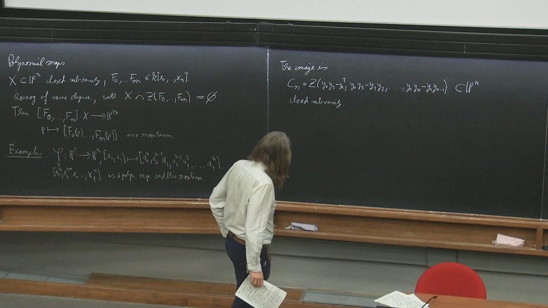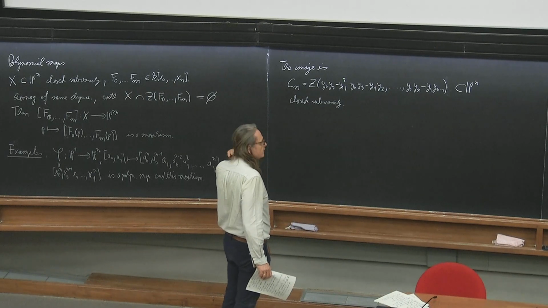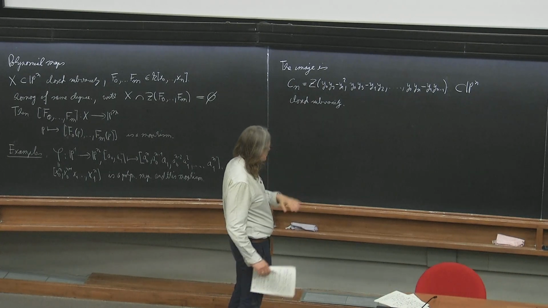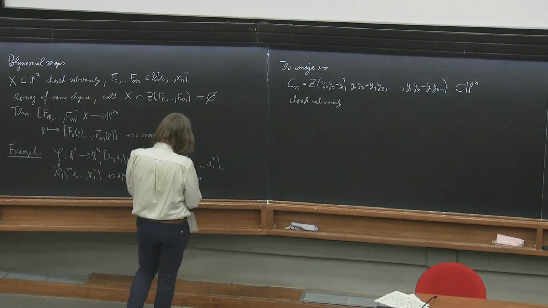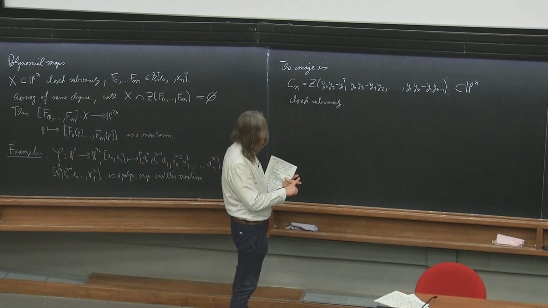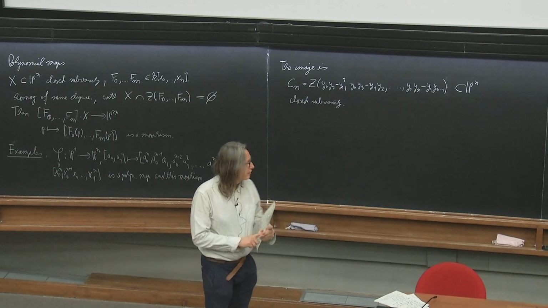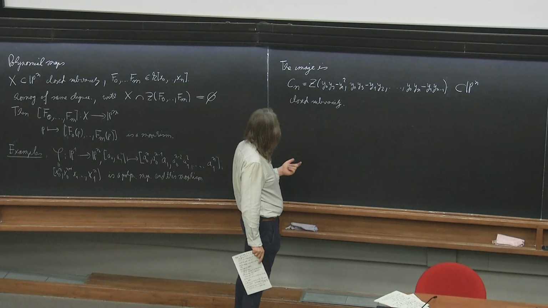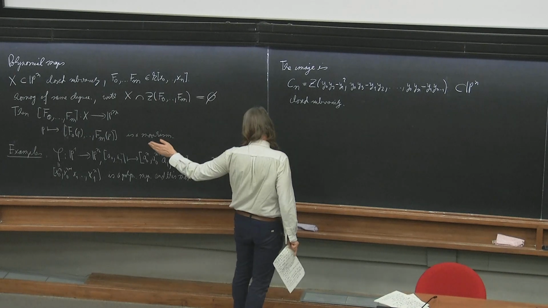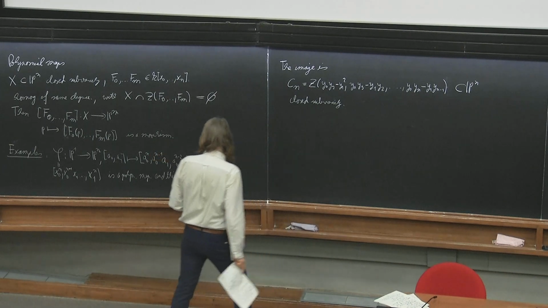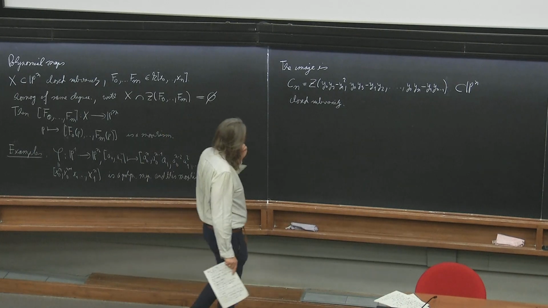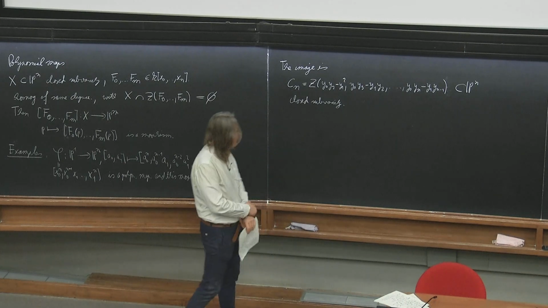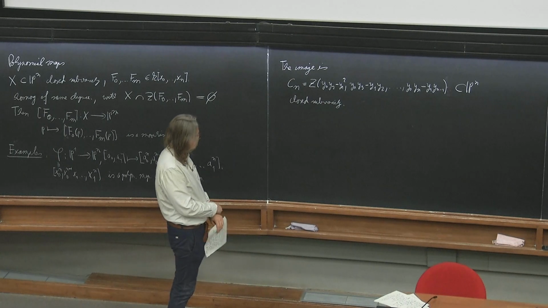If you have something irreducible and a morphism to somewhere, the image must be irreducible, because if you had two closed subsets whose union is the whole of this thing, but none of them is equal to it, you can take their pre-images, and they are two closed subsets of the source of the map whose union is the whole source, but none of them is equal to it, so it would show that the source is reducible.